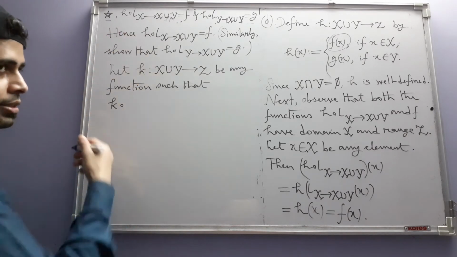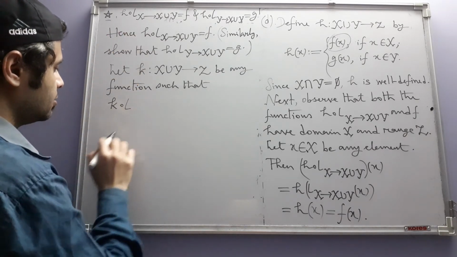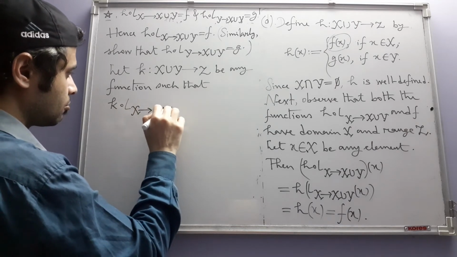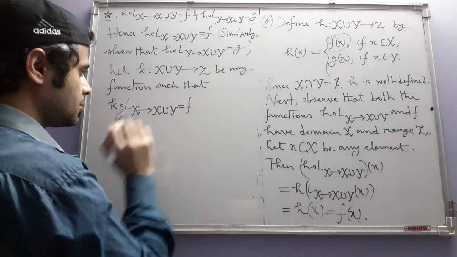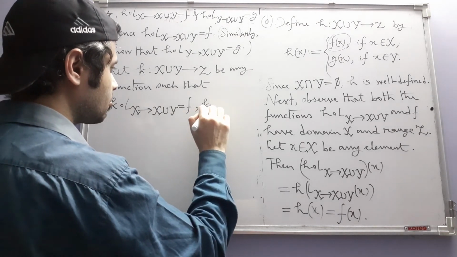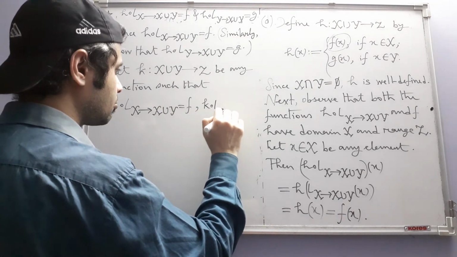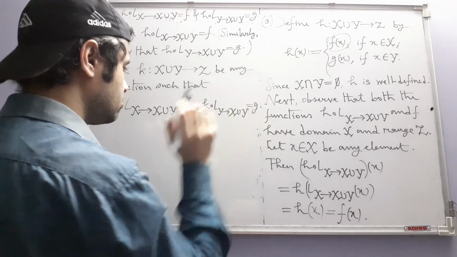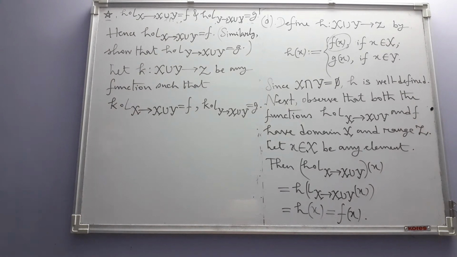If we replace H by K, we get the same thing. This is equal to F and this is equal to G. Our goal is to prove that H and K are actually equal.